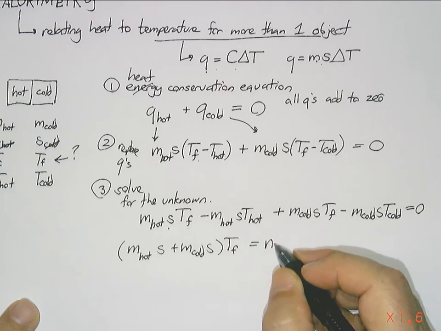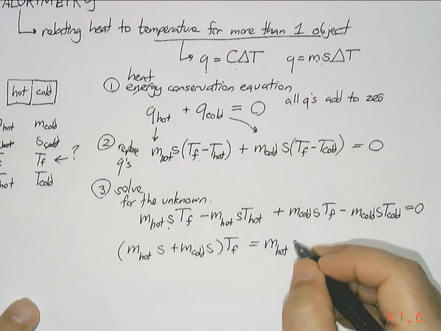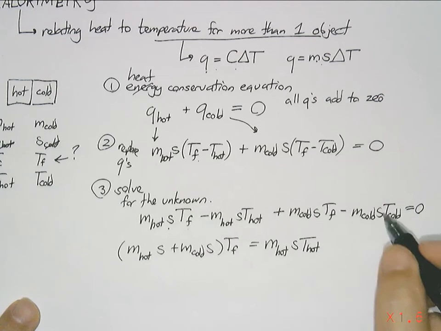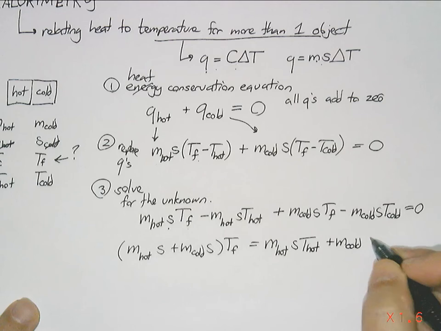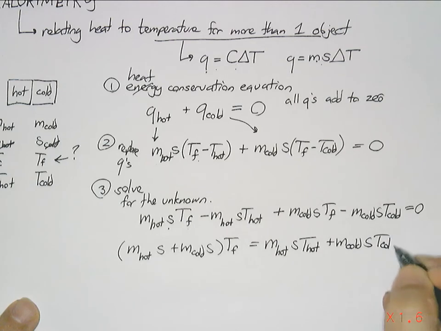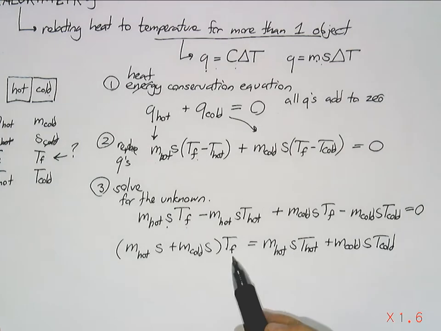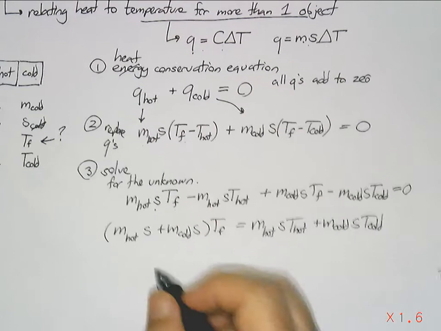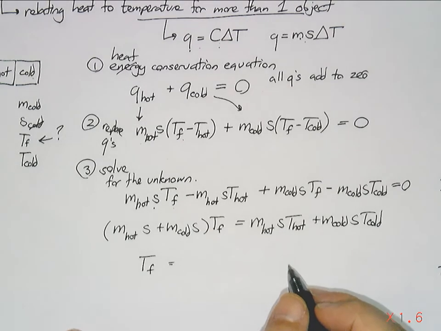Get the T_F all by itself. So when I add this to both sides, on the other side you're going to get this. And I'm going to add this. So here's what my equation looks like at this point. All I got to do to finish it is divide both sides by this. And I have an equation for the final temperature.